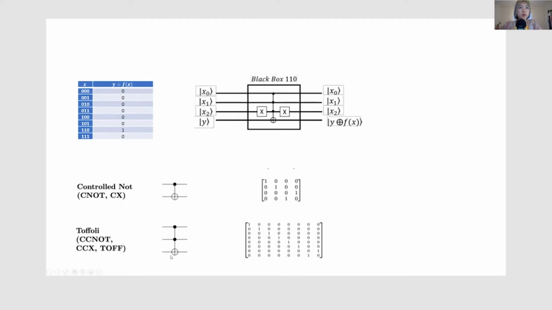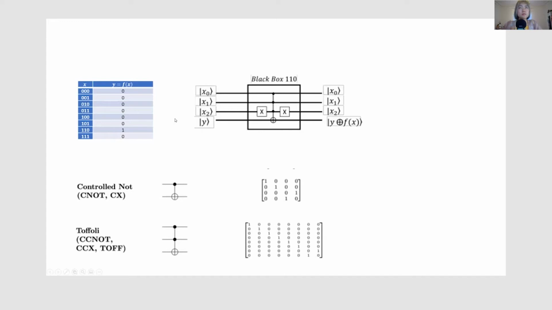Again, you can only flip this one when the first 2 are both ones. Now if you have more qubits, you just add more control bits. So the requirement of this control gate is that all of the other qubits need to be ones when your last one can be flipped.